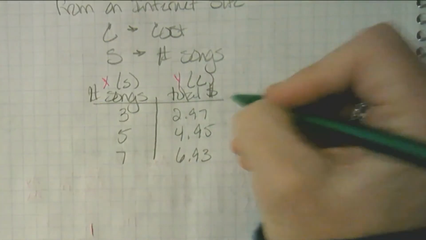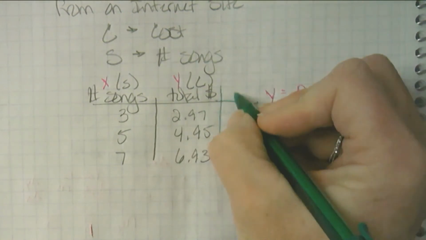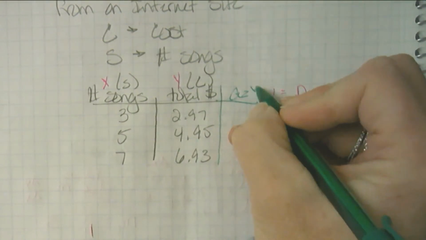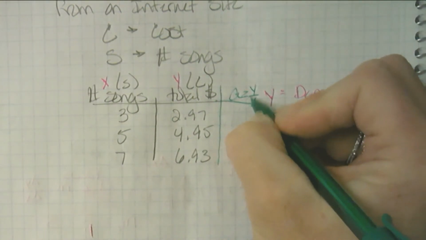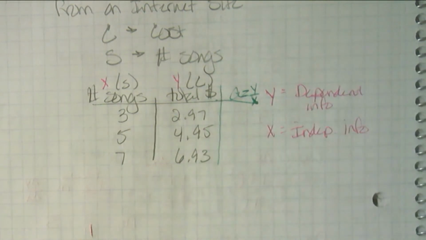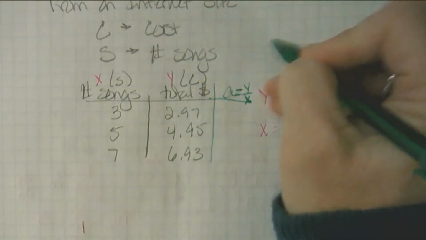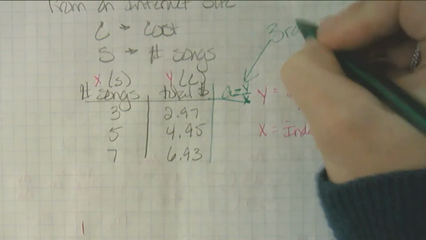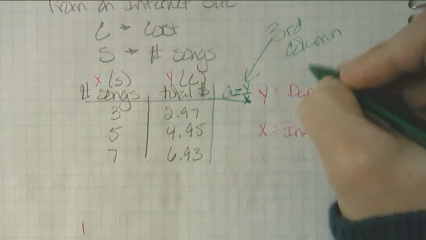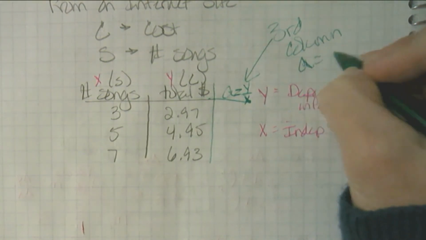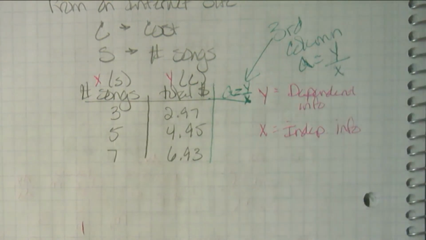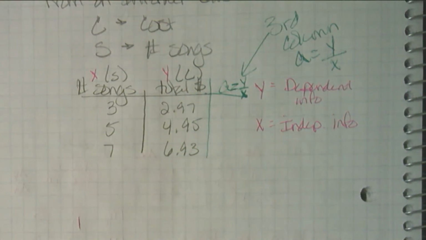I want you to set up a third column, and it's going to be for your A, which is Y over X. So I'm just going to put my Y over my X.